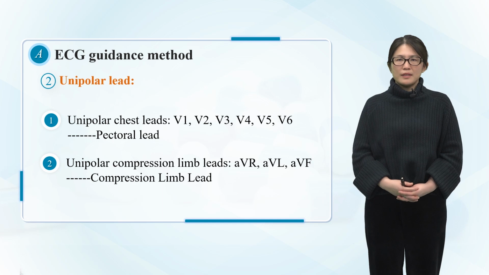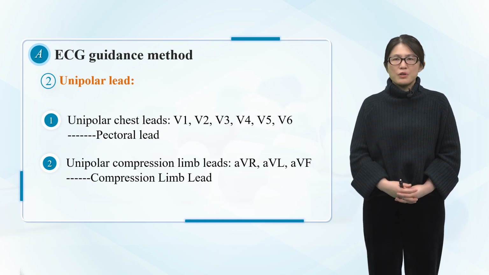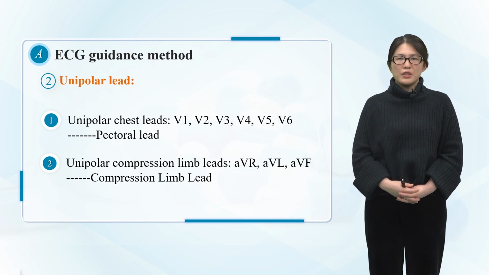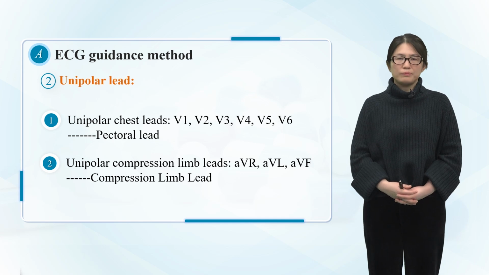Pressurized unipolar limb leads reflect the electrical activity of the heart in a certain limb. Unipolar chest leads reflect the potential change of the heart activity at a certain point of the chest wall.